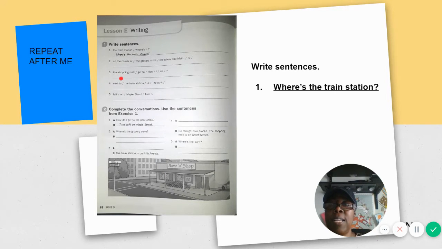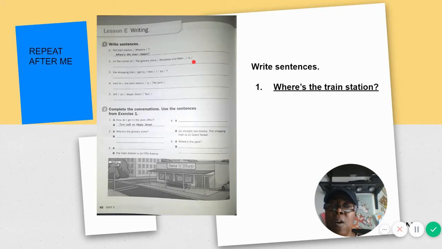All right, now let's take a look at number 2. Number 2, we have on the corner of, we have in the next section, the grocery store. In the next section, we have Broadway and Main. In the next section, we have is. And right here in the last little section is a period.